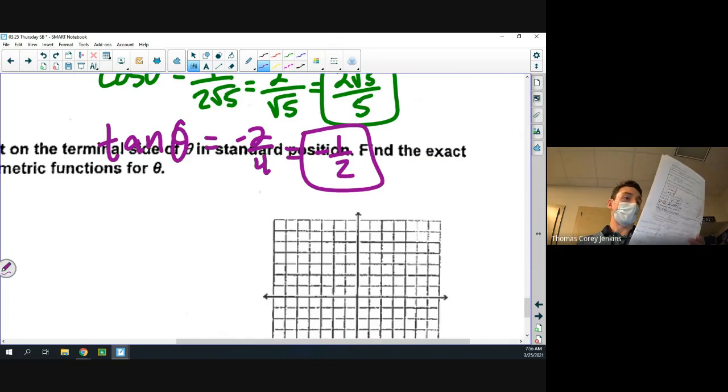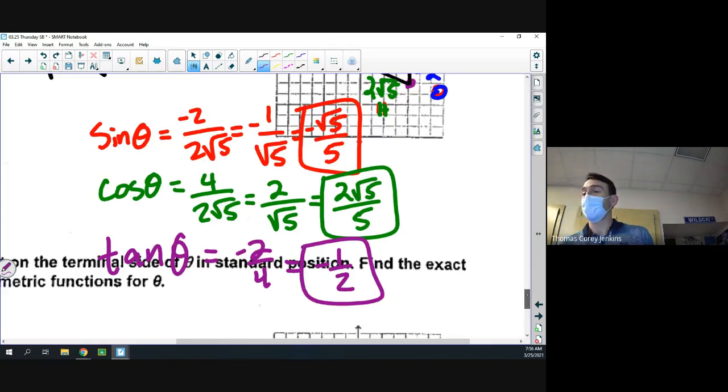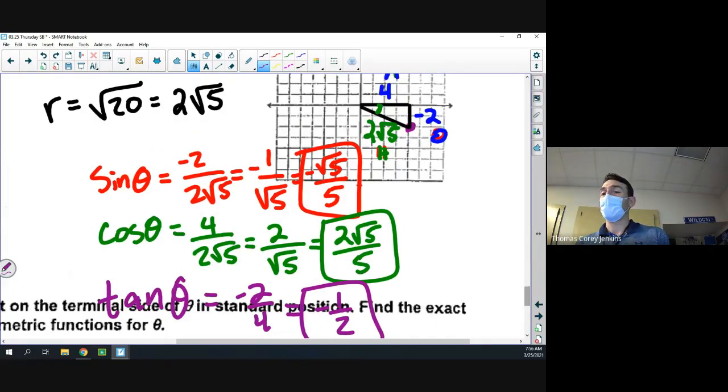Okay, so it actually says find the 6 trig functions. So remember how to find those inverses would just be to flip them. Okay, so I'll go ahead and do that.